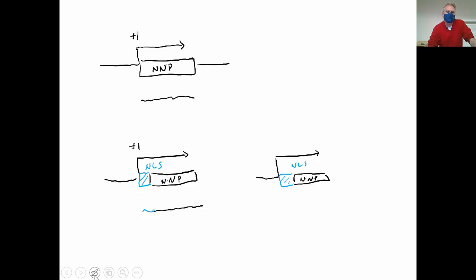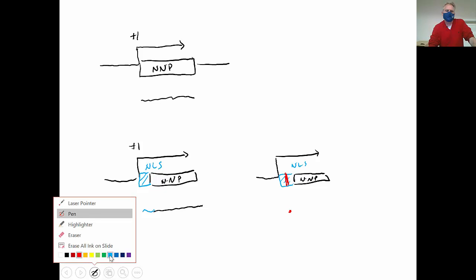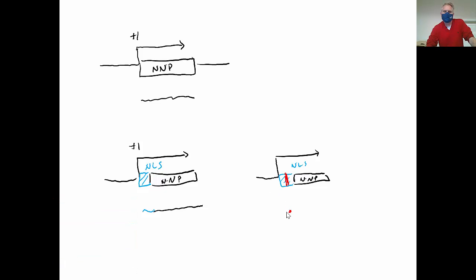So we're making this slightly longer protein, but this time we introduce the wrong amino acid at one position. So now what we're making is an mRNA for a protein that has a disrupted nuclear localization sequence.